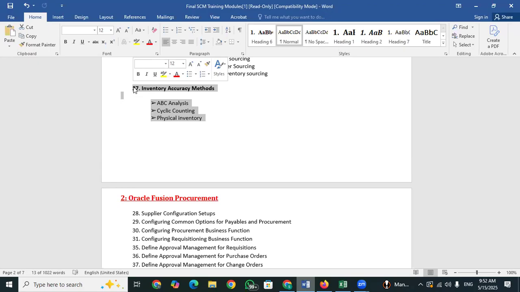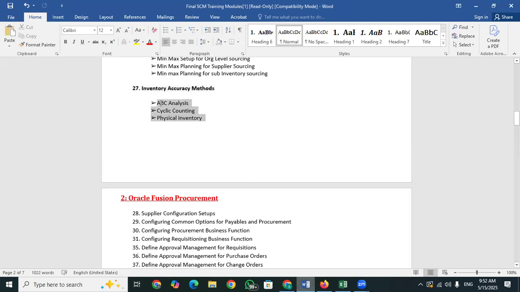To avoid such scenarios at the inventory level, businesses conduct accuracy methods. Accuracy means the exact quantity physically and the exact quantity at the system level: do the system quantity and physical quantity match or not?